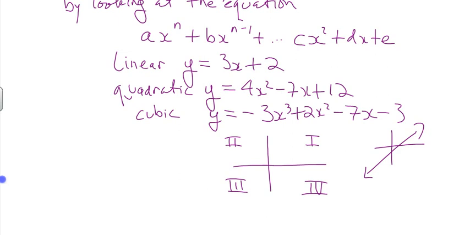What else is in that list? Domains. What's the domain for every polynomial function? Okay, so domain.